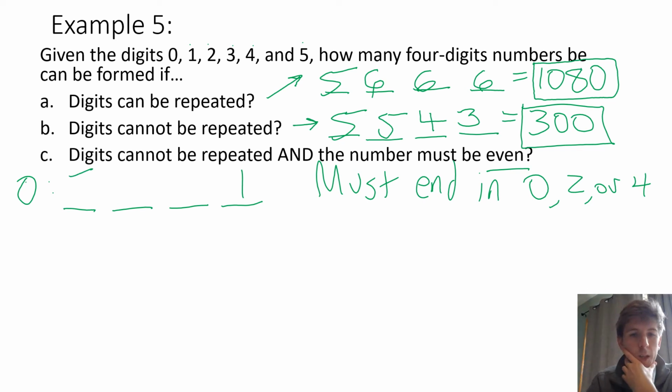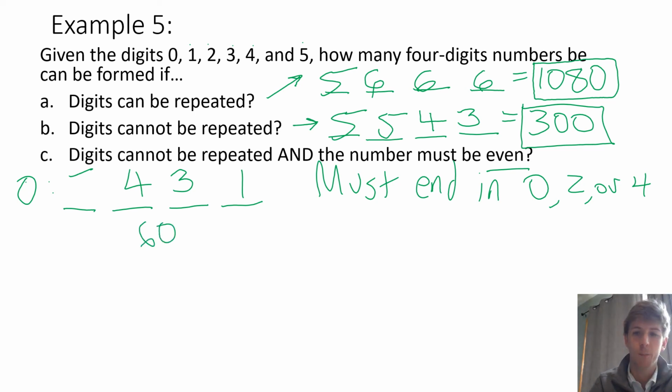Okay, and so the second digit, we've got to think. It cannot be what we chose for our first number, and it cannot be 0. So it's going to have to be 4 total possibilities. For our third number here, it cannot be the number we chose first, or the number we chose second, or 0. So there's only 3 options. All right, so 5 times 4 times 3 times 1, that's going to be 60.